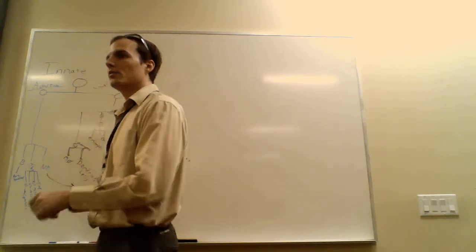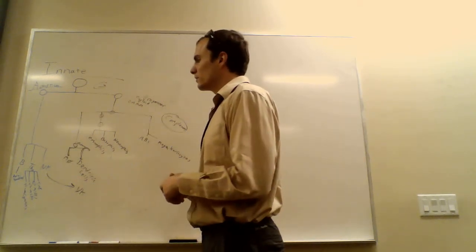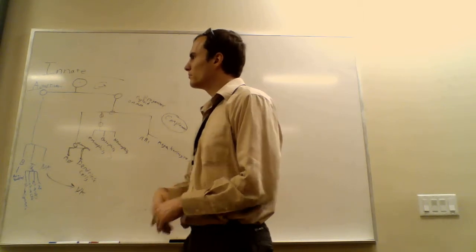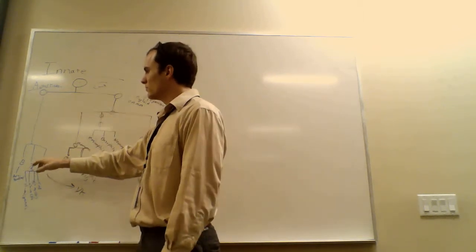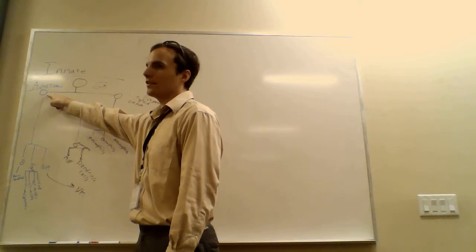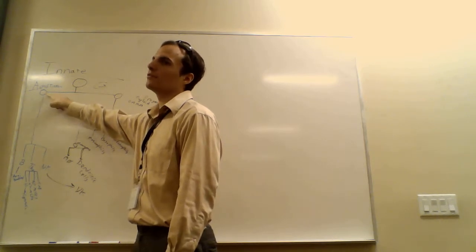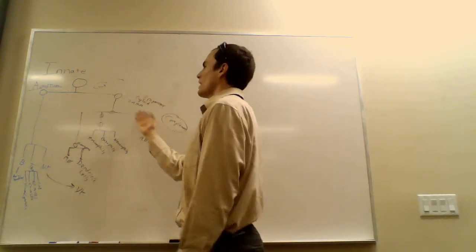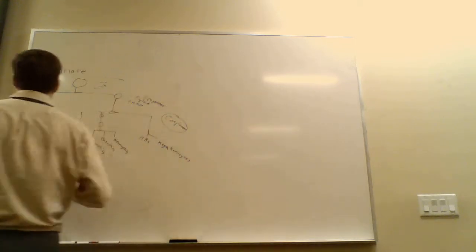Okay. All right, so now did the natural killer cells come out of that grandpa's cell up there? This one? Yes, it did. And this is the common lymphoid progenitor. So myeloid half, lymphoid half.